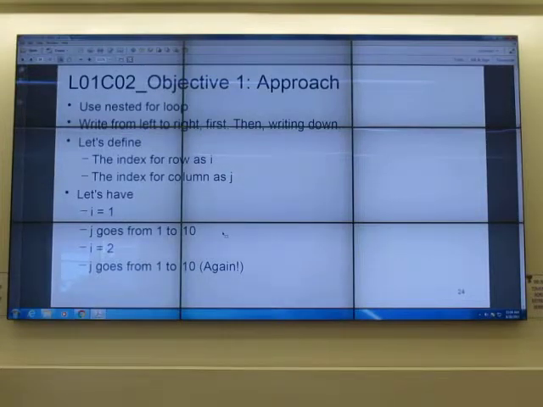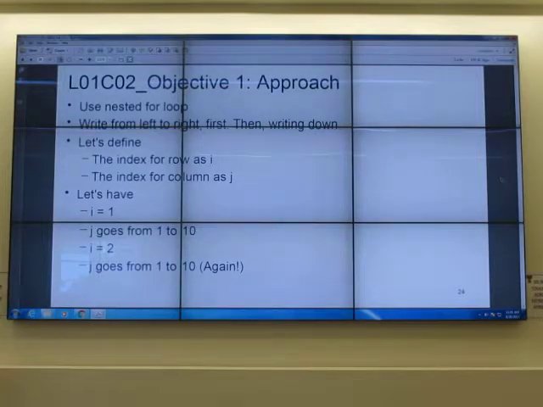Our approach is to use a nested for loop. To do a nested for loop, we write from left to right first, then top to bottom, or writing down. Before we write the program, we want to think how we do it. Let's define the index for row as I, index for column as J, okay?